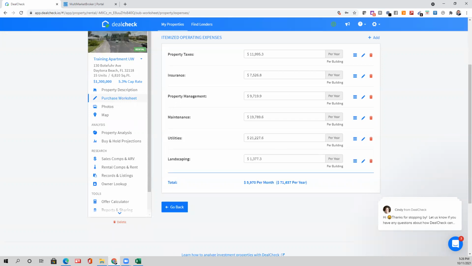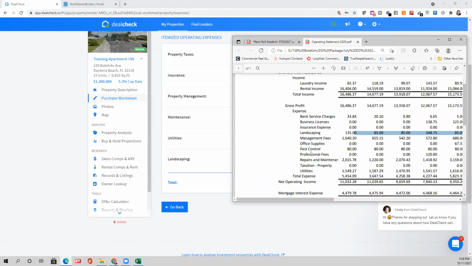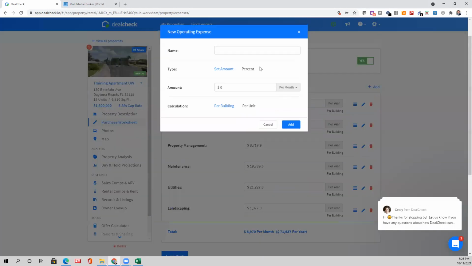So let's see what else. See, and you can add them. So see, he's got pest control, office supplies. So we're going to add some, right? We're going to add right here. You can put what else he had. Let's see what I just said. Legal, he counted as, what do we say here? Professional fees. Professional fees and license.